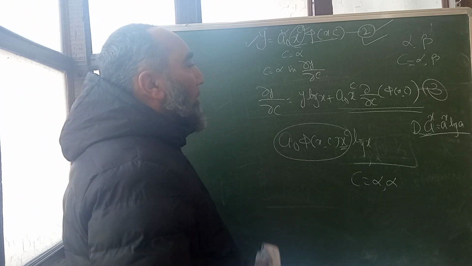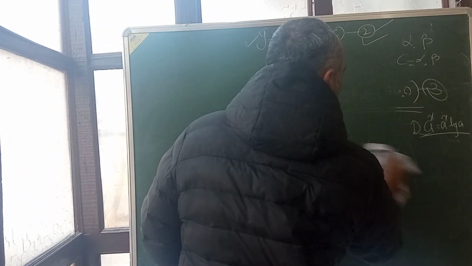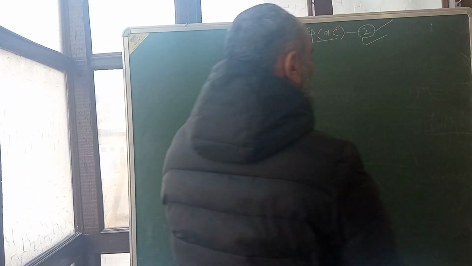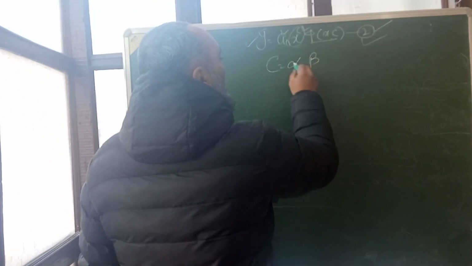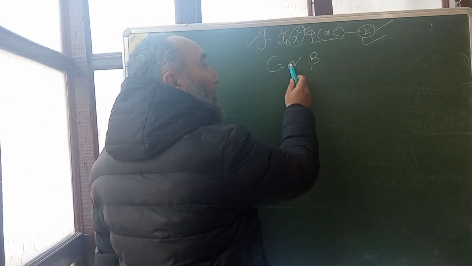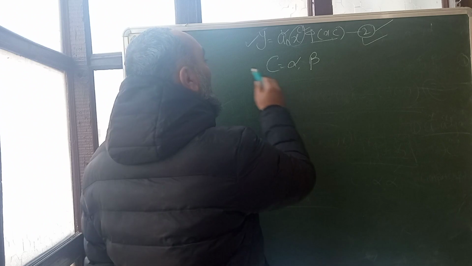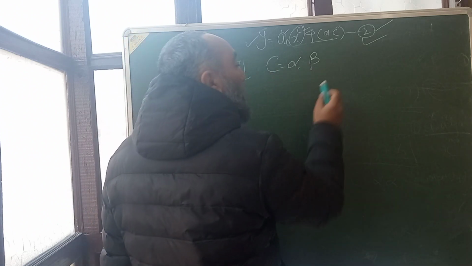Okay. Case three. Again, c is alpha and beta. My first case was that roots are different, not differing by an integer. My third case is that roots are different and they are differing by an integer.